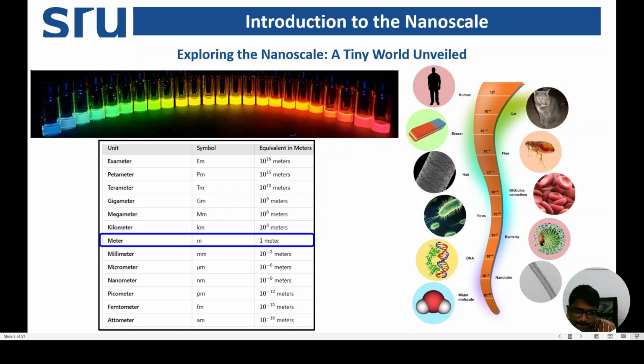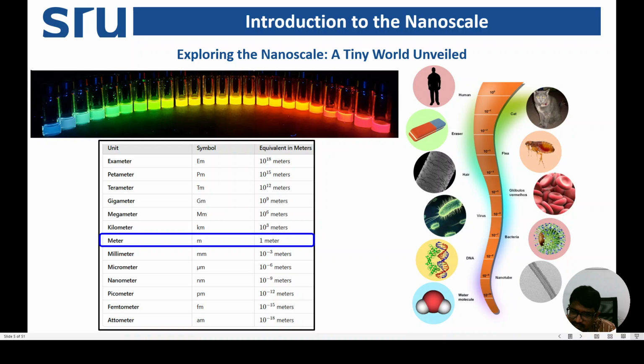See this one. This is the basic measurement. If you go up, the scale increases. If you go down, it decreases. So where is our subject? Where is our focused area? This is one nanometer. See, now you can understand what happens when the scale goes down, right?